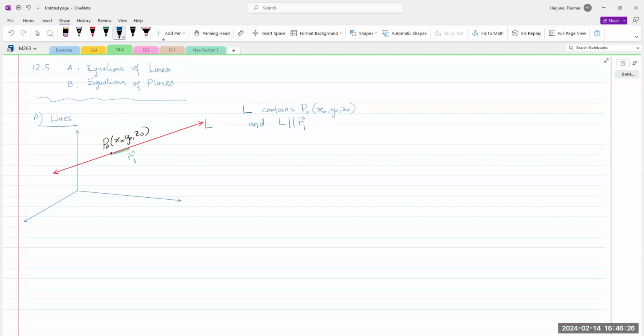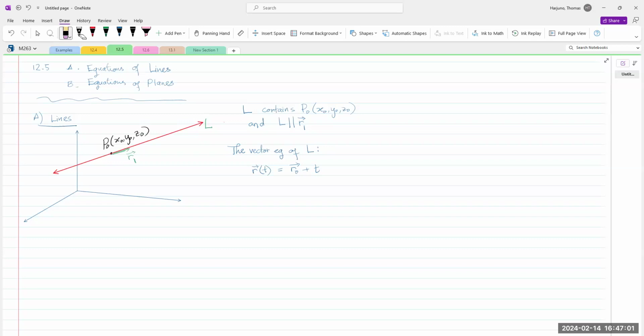Now, the vector equation of line L is given by r(t) equals r naught plus t v. That's a vector function, actually.